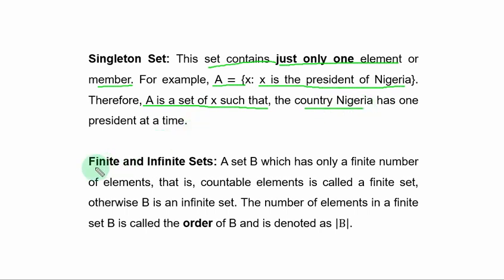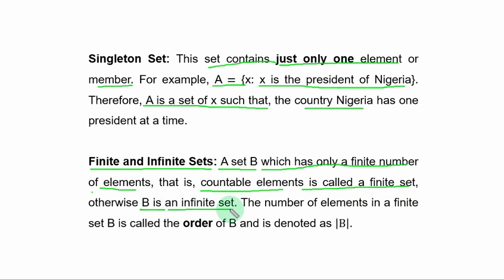The second one is finite and infinite sets. A set B which has only a finite number of members, that is, countable elements, is called a finite set. Otherwise, B is an infinite set.